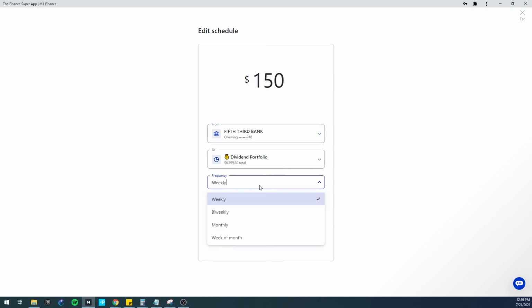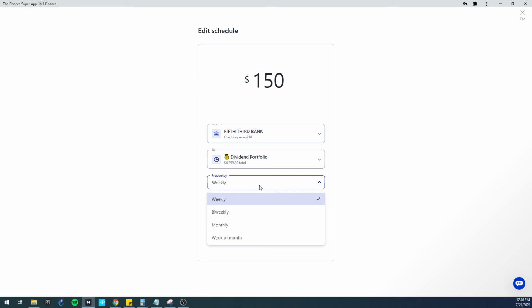Under frequency, this is how often you want to set up a recurring transfer into your investment portfolio. You can do weekly, bi-weekly, monthly, or at a specific week of the month. So let's say you get paid on the 15th, or on the 1st or the 31st.